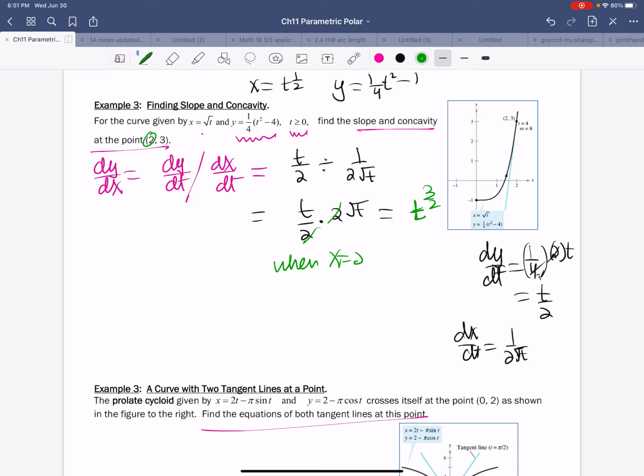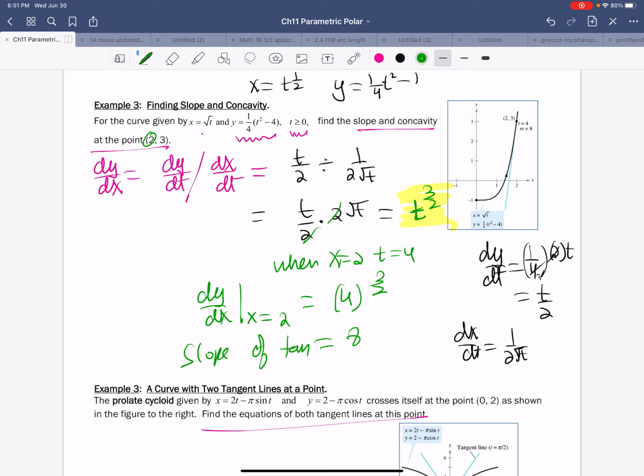So dy/dx, the slope of the tangent line when x is equal to 2, I'm going to plug the 4 for t into the derivative that we just found. Square root of 4 to the third power, square root of 4 is 2, 2 to the third power is 8. So we get that 8 is the slope of the tangent line.